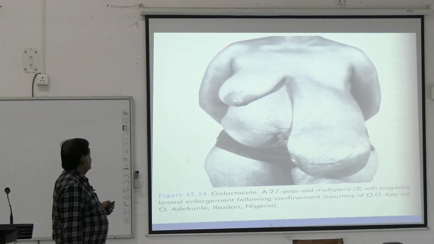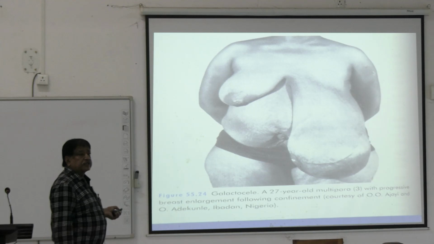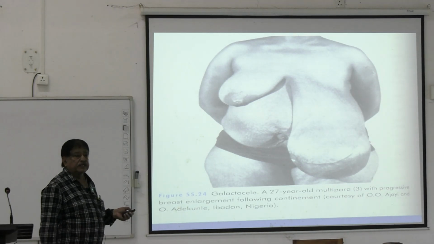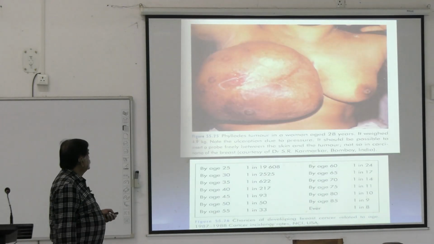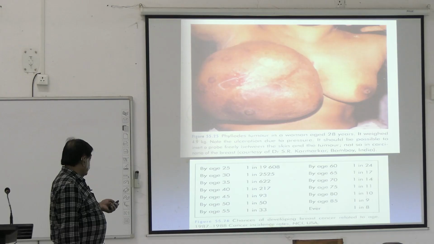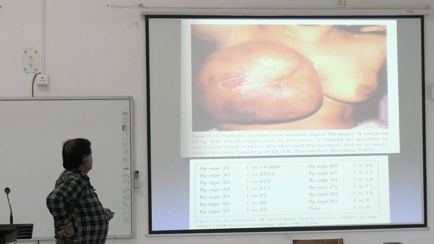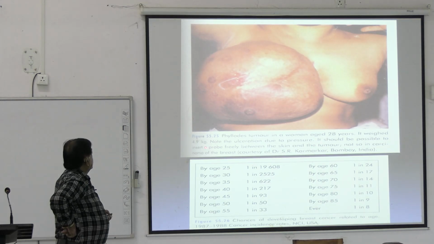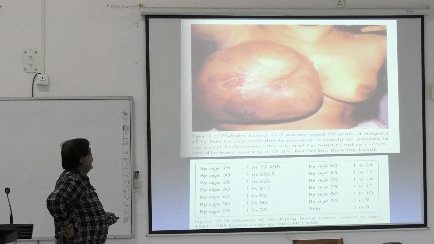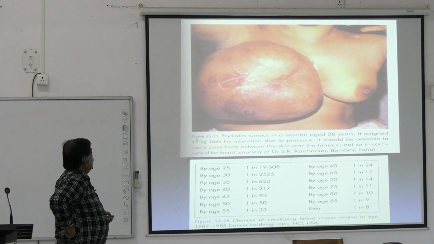Most of the pictures are from Bailey and Love's surgery. See, phyllodes tumor in a woman of 28 years. Note the ulceration due to pressure. It should be possible to insert a probe freely between the skin and the tumor. Not so in carcinoma of the breast.